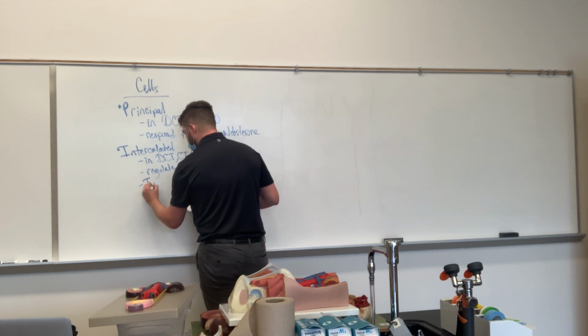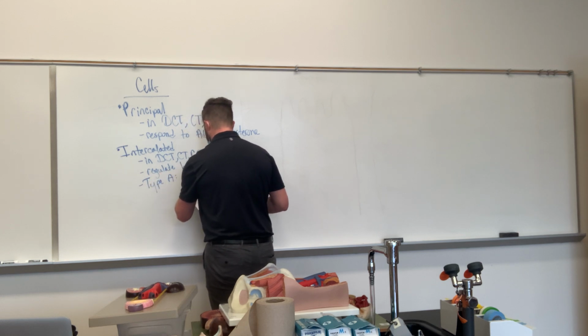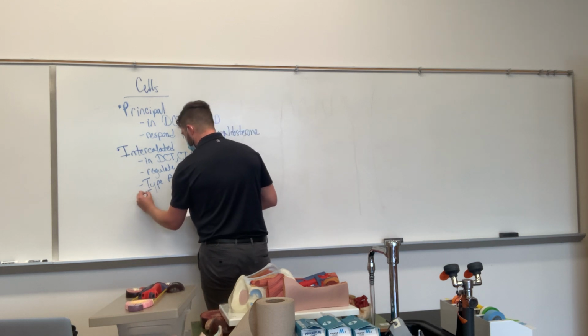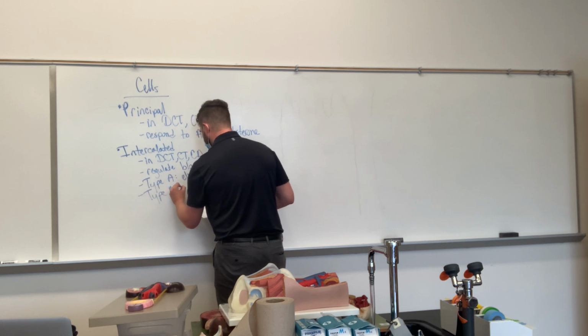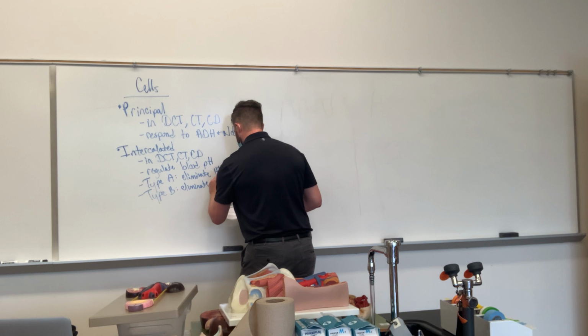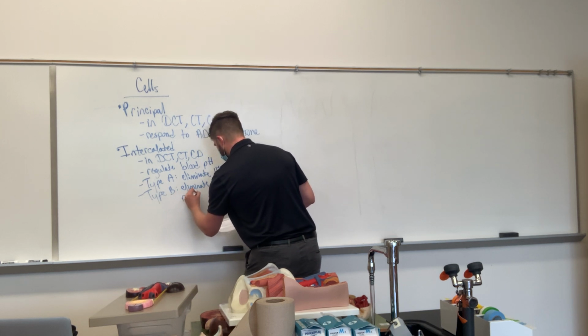Two types. Your type A eliminate hydrogen. Type B have two roles. They eliminate bicarbonate and reabsorb hydrogen.